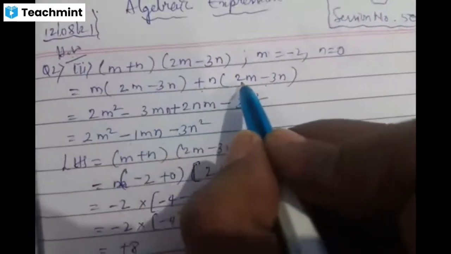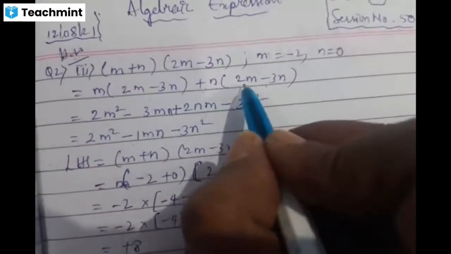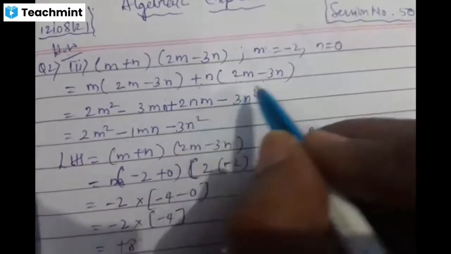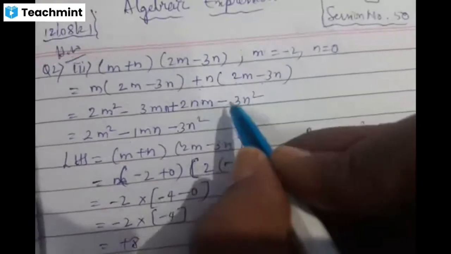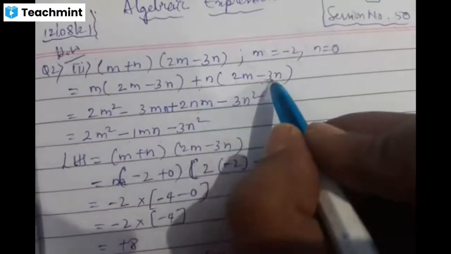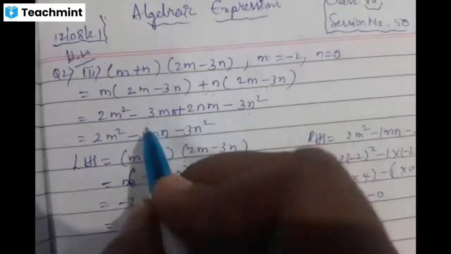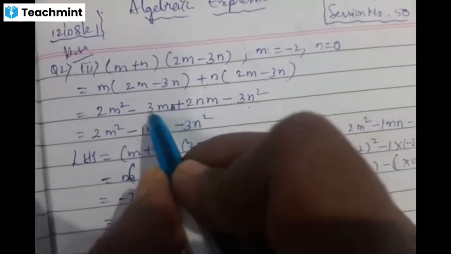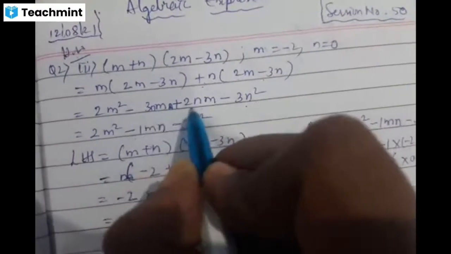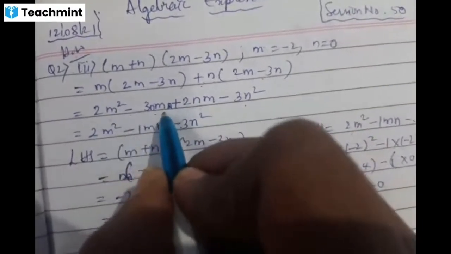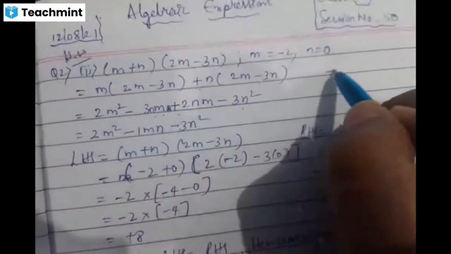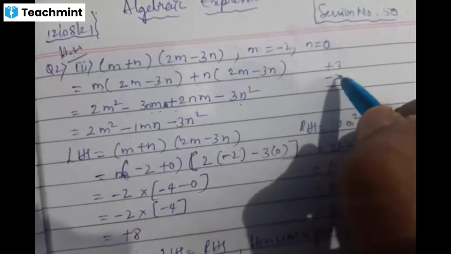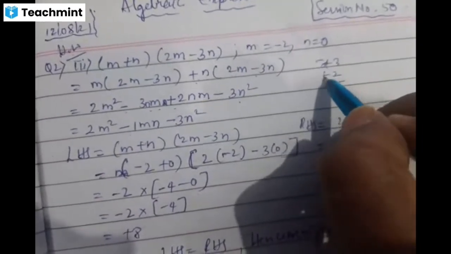Here you have plus 2n into 2m, which will be 2nm, and then plus into minus minus, then you have 3n square. Here you have the like terms, children. You can write this n here or m here. So they become like terms, minus 3nm plus 2nm plus 3 minus 2. Sorry, minus 3 plus 2.